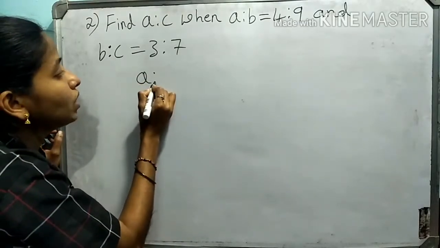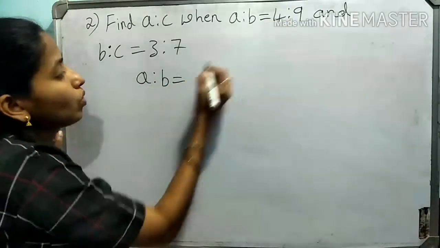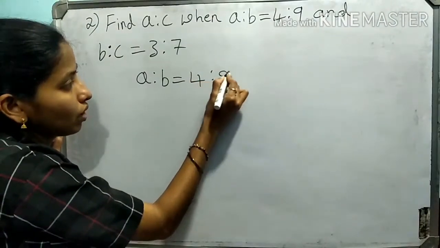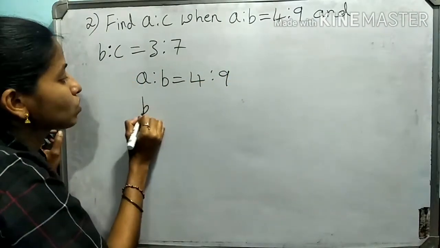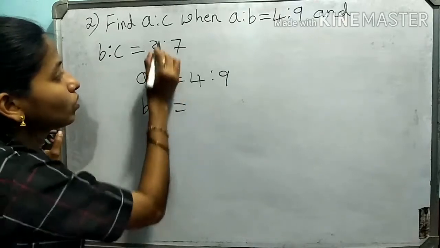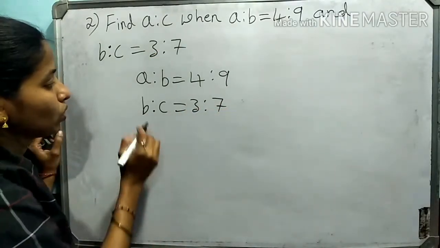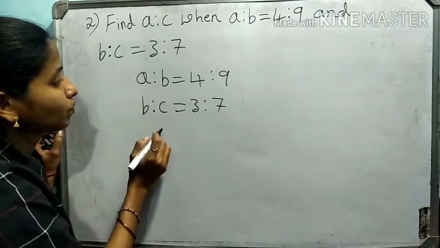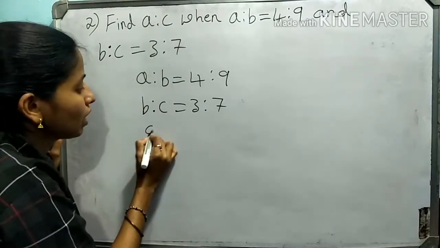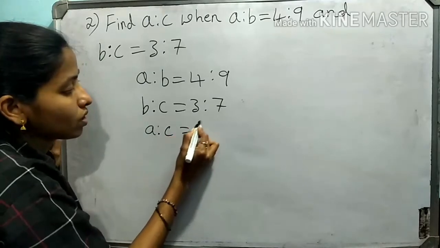A is to B is equal to 4 is to 9 and B is to C is equal to 3 is to 7. So here we have to find out A is to C.